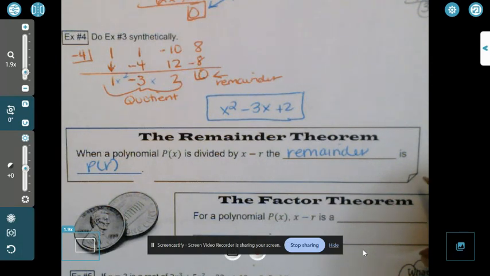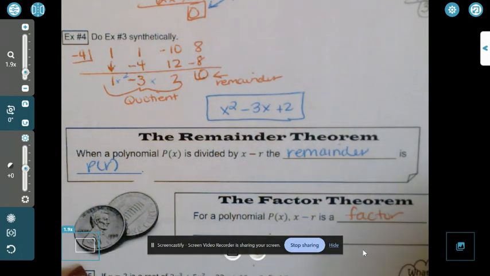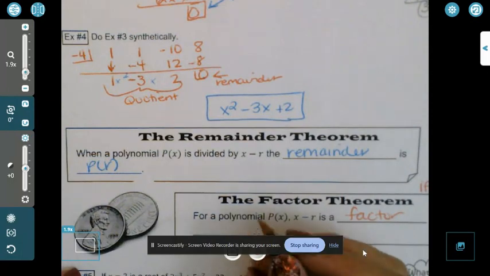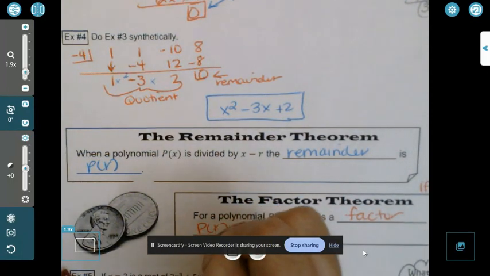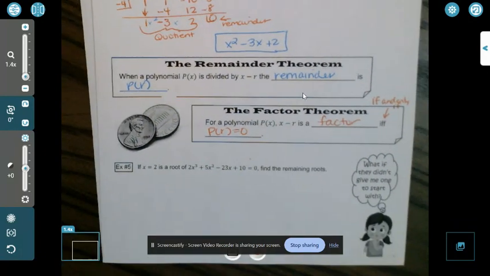All right, the factor theorem says for a polynomial p of x, x minus r is a factor if and only if p of r equals 0. Okay?